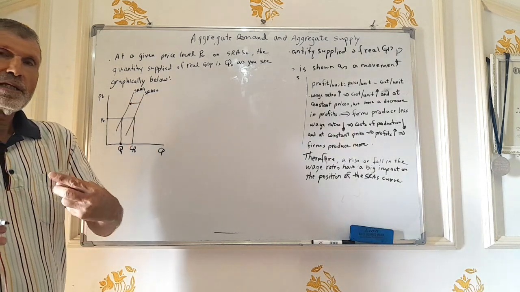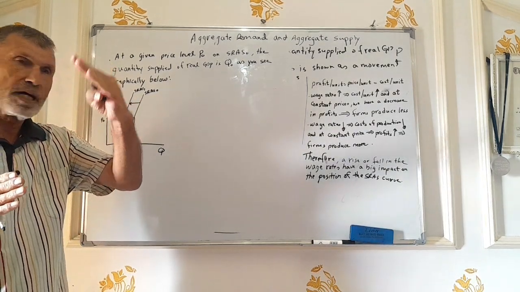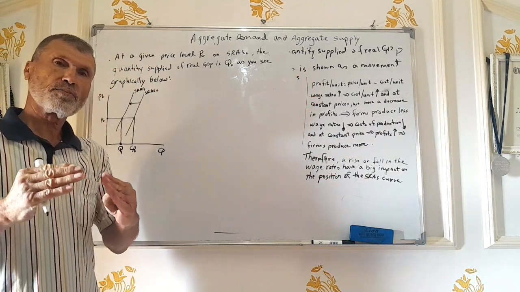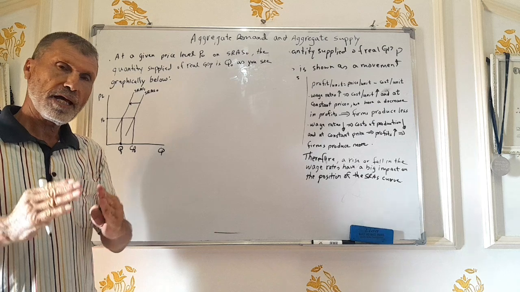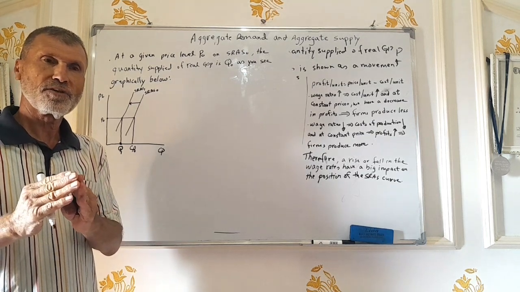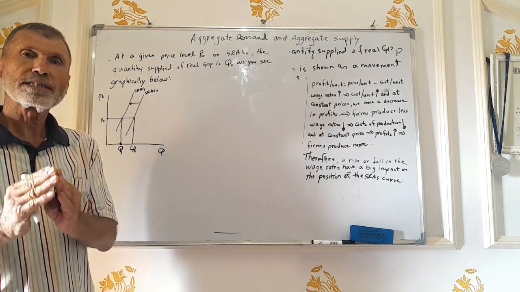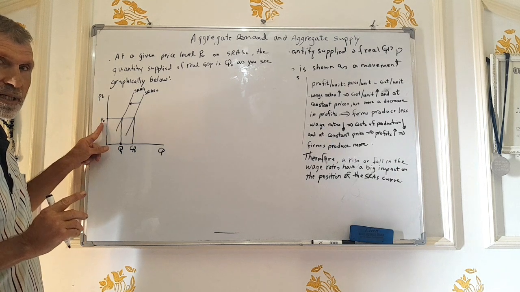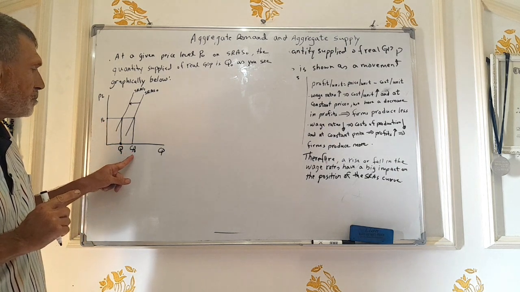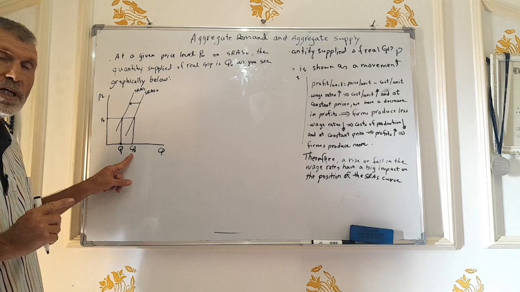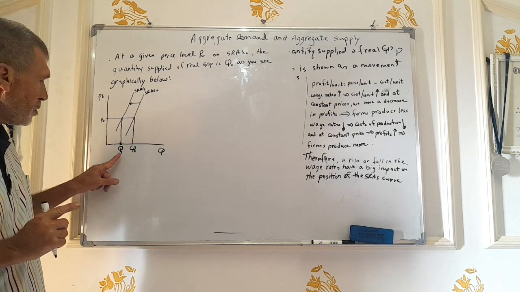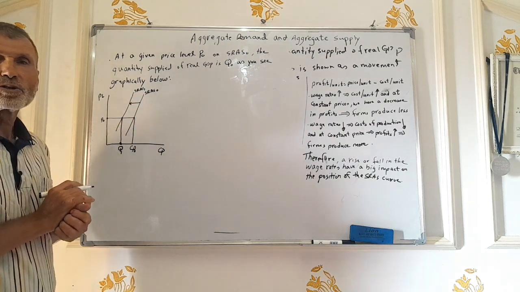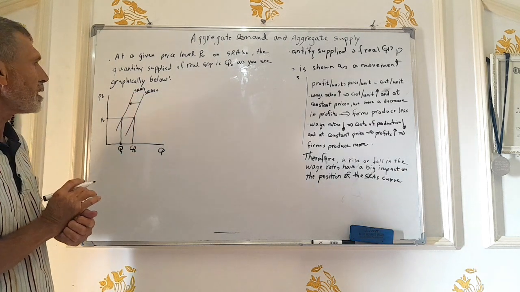So when the wage rate increases, that implies the profit of the firm will go down, and that means the firm is going to produce less output at this constant price level P0. At this given price level, the firm will produce less output than Q0. So Q1 is going to be on a different short-run aggregate supply, namely SRAS1.